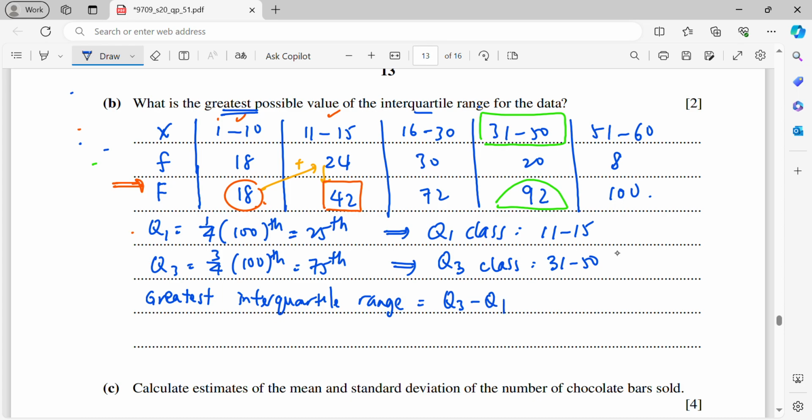Okay, so that is the upper limit of the Q3 class minus the lower limit of the Q1 class. That will be the greatest interquartile range. And then you will be getting 39. So that's the solution for part B.